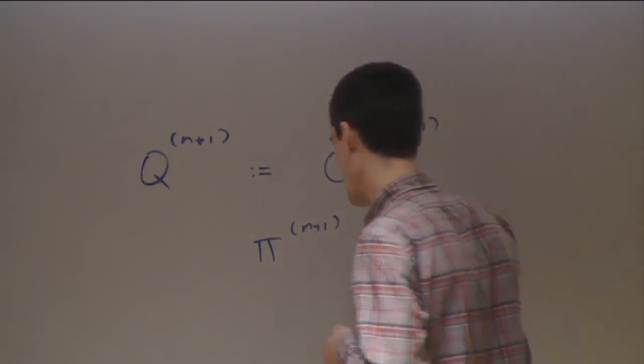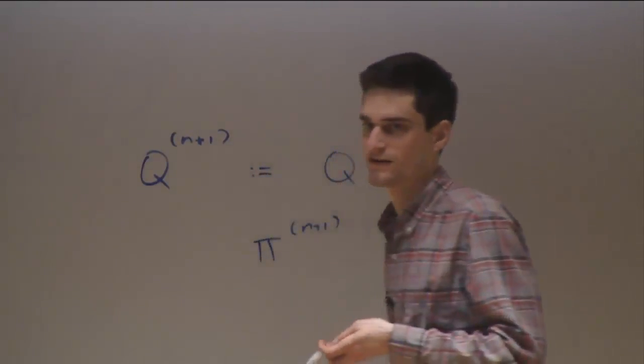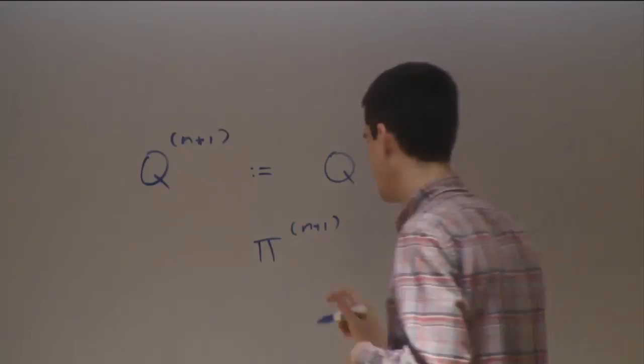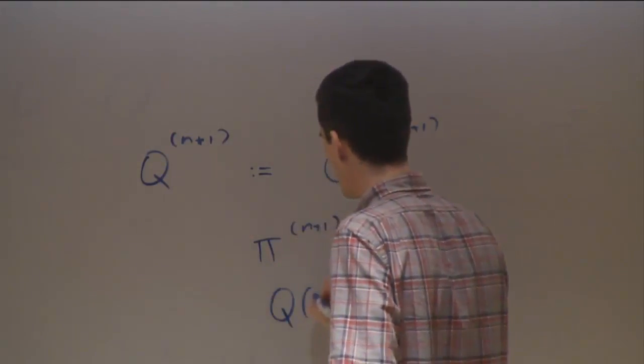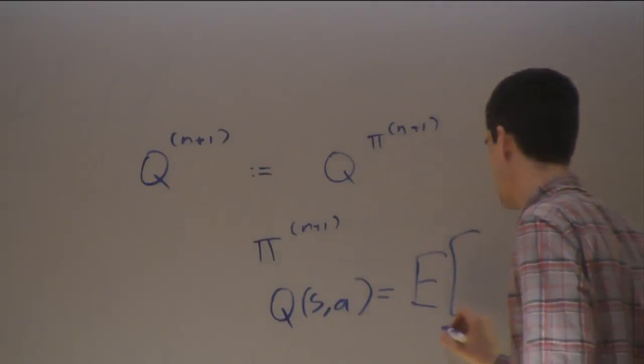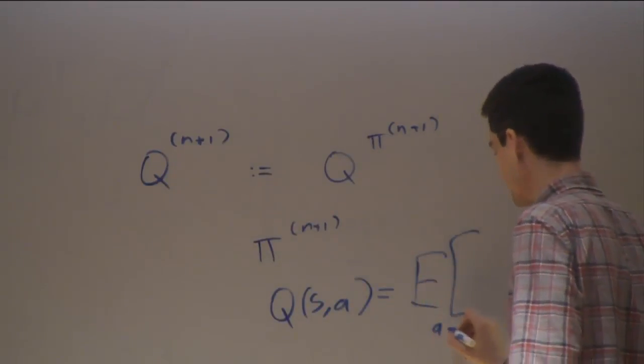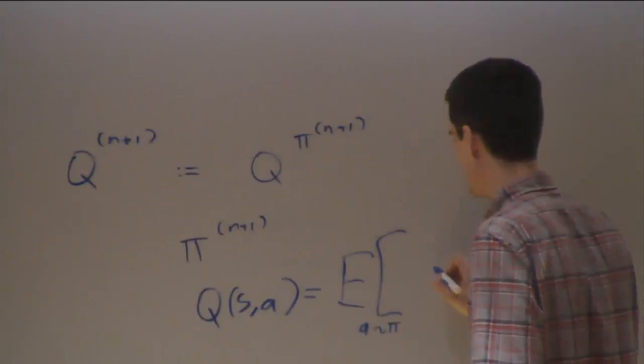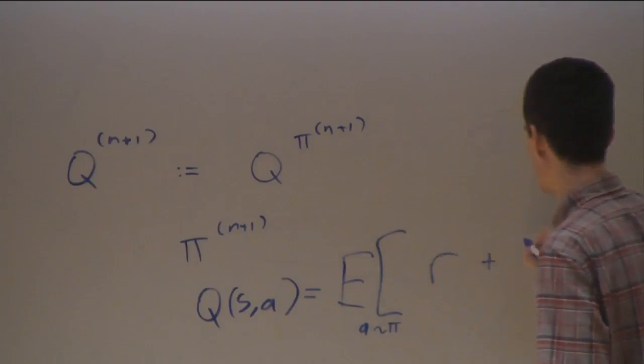That means we want to find the Q function that satisfies the Bellman equation. So we want to find a function satisfying Q of s, a equals the expectation, with action sampled according to pi, of reward plus gamma times the next Q value.